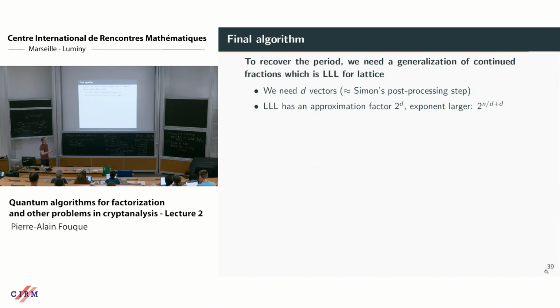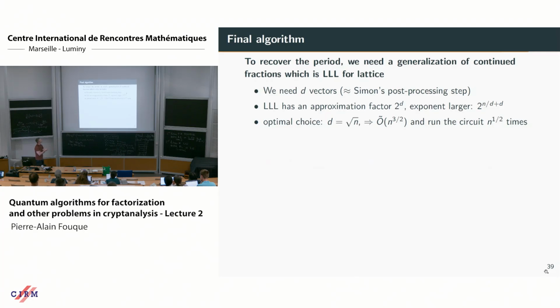So that means that I have to take the exponent a little bit larger. I have to multiply the size of the exponent by a factor 2 to the d. Now, what is the best? I remind you that the larger this exponent is, the more multiplications I have to do.